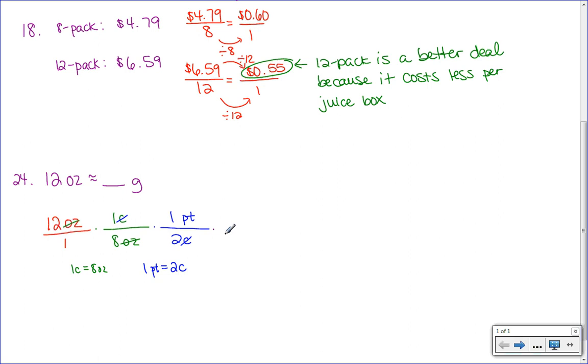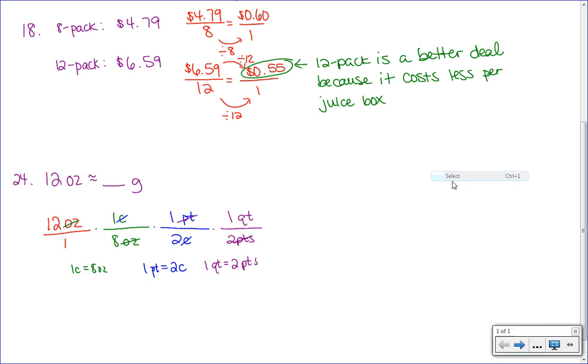Okay, the next conversion that will help us out says that 1 quart is equal to 2 pints. So pints in the numerator, I need pints in the denominator. And 2 pints is equal to 1 quart.